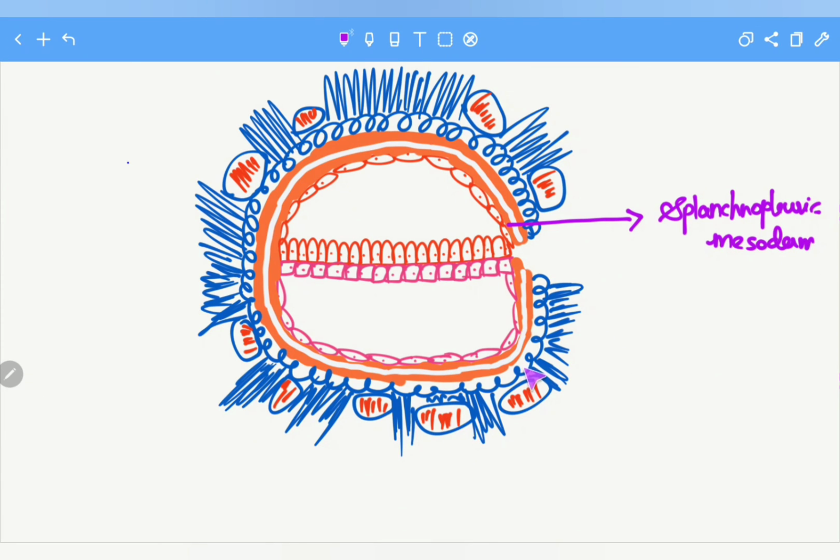And the outer layer which is attached to the cytotrophoblast is called somatopleuric mesoderm. Of course it happens around the 14th day, so the chorionic villi is now developed.